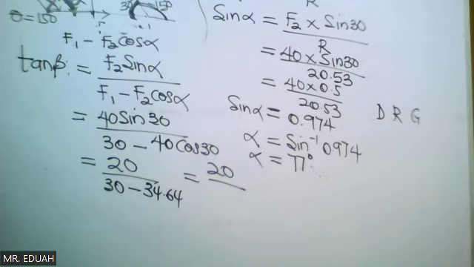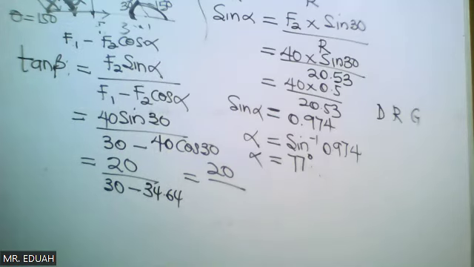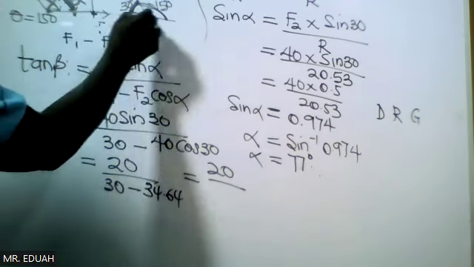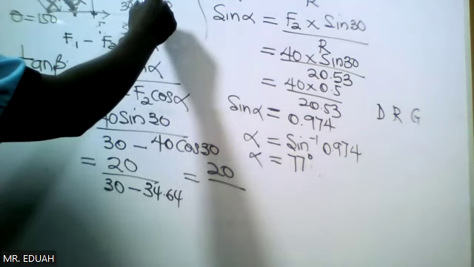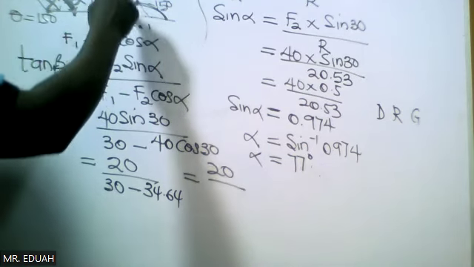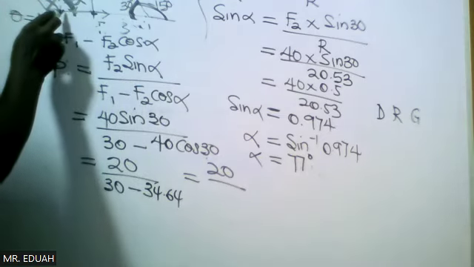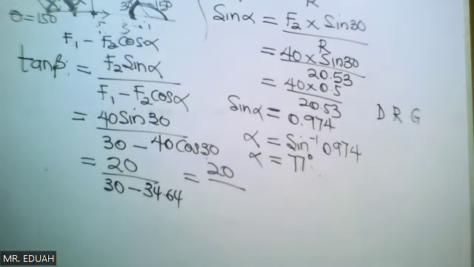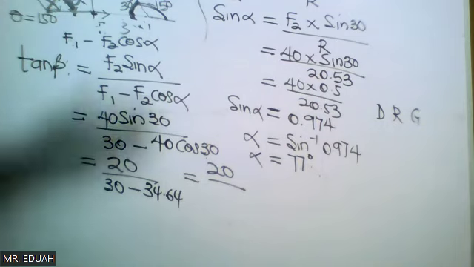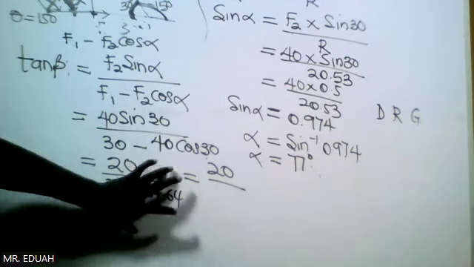So, this is F2. F1 is this. Okay, so F1 is 30. So when we subtract 40 cos 30 from 30, based on my values, this will give us a negative angle, which will not work.